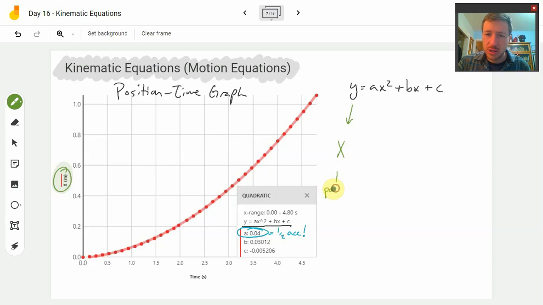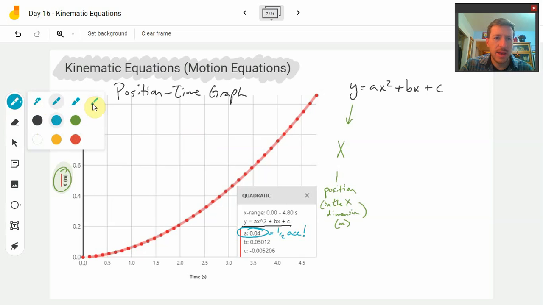So this is the position, in this case in the x dimension. And that is, of course, measured in meters. Okay, and then we mentioned that this a actually represents half of the acceleration.